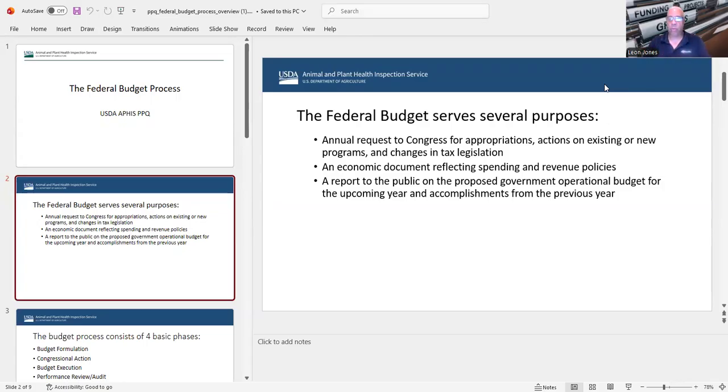You have your annual request to Congress for appropriations, actions on existing or new programs, and changes in tax legislation. Then you have your economic document reflecting spending and revenue policies. And then you're going to have a report to the public on the proposed government operational budget for the upcoming year and accomplishments from the previous year.